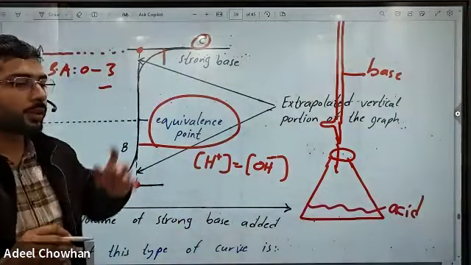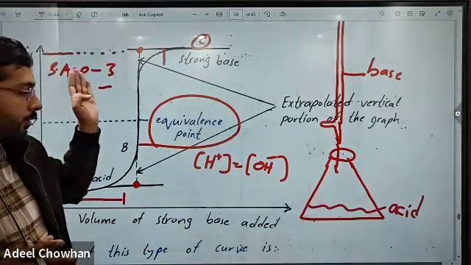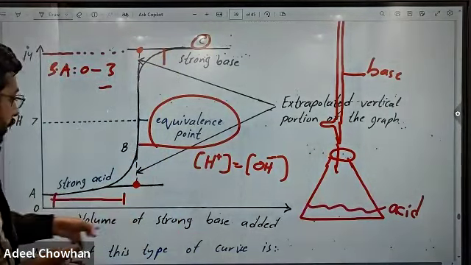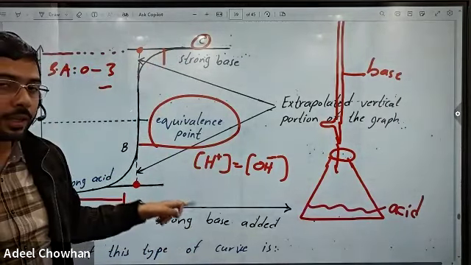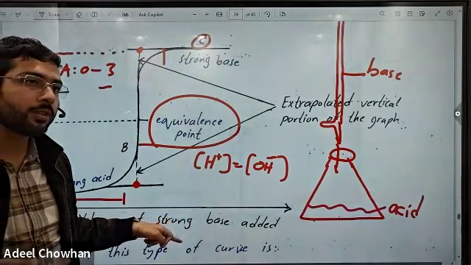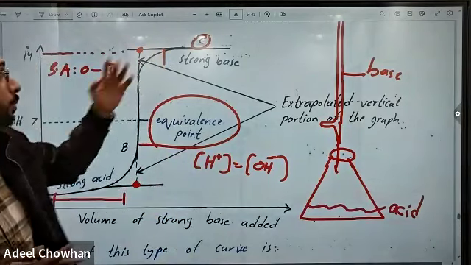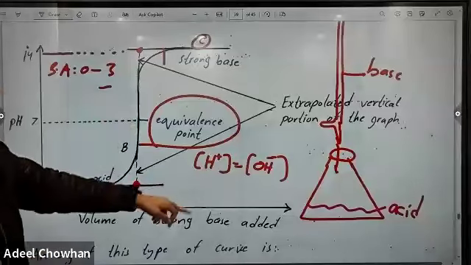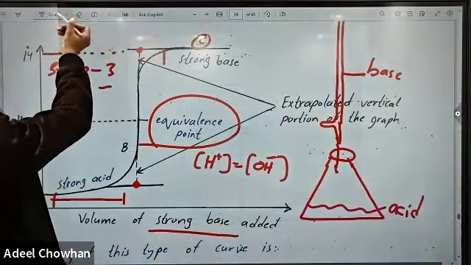So after this point, only the volume of the base is being added, not the pH value changing, because after this point only the particular value of the strong base will be shown here. So it can have any value.